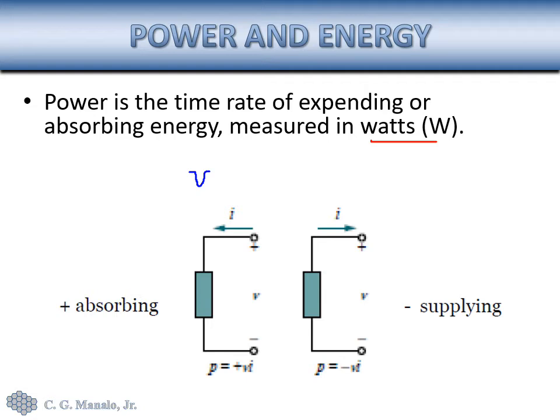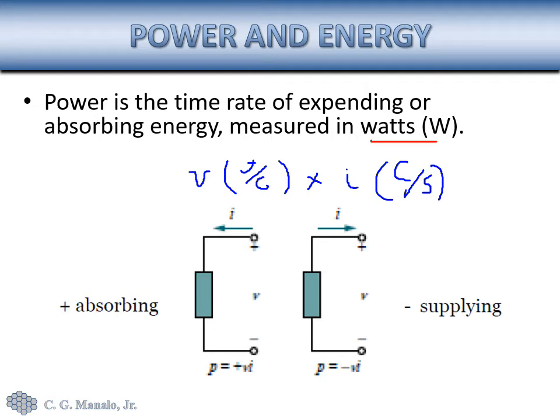We know the unit of V is joules per coulomb, and we multiply this by I, and we know the unit to be coulombs per second.